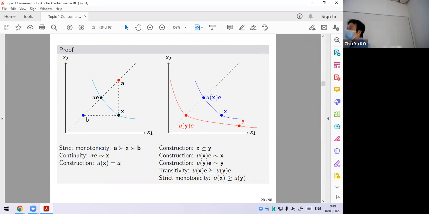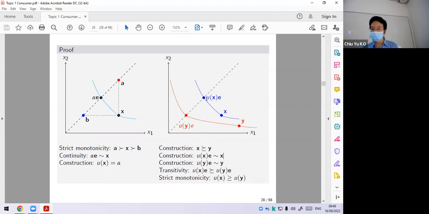Although we didn't prove it, we actually can. Transitivity implies that if X is indifferent to Y and Y is indifferent to Z, then X is also indifferent to Z. You can treat indifference as equal, and the way you do inequality would continue to hold.